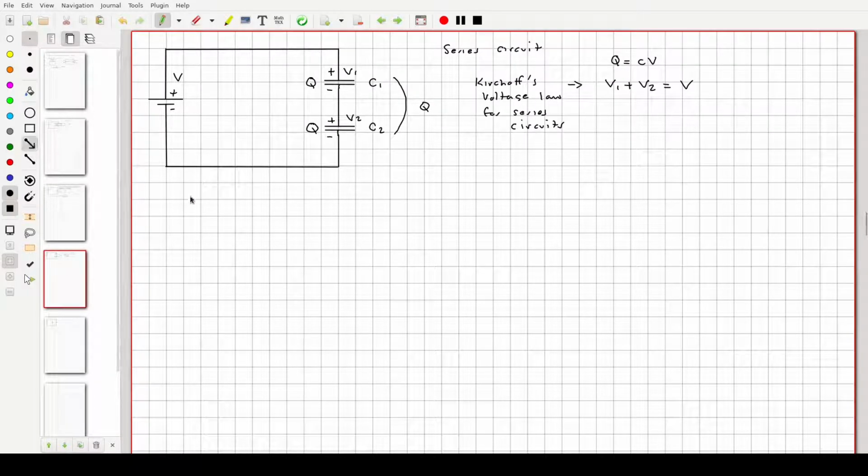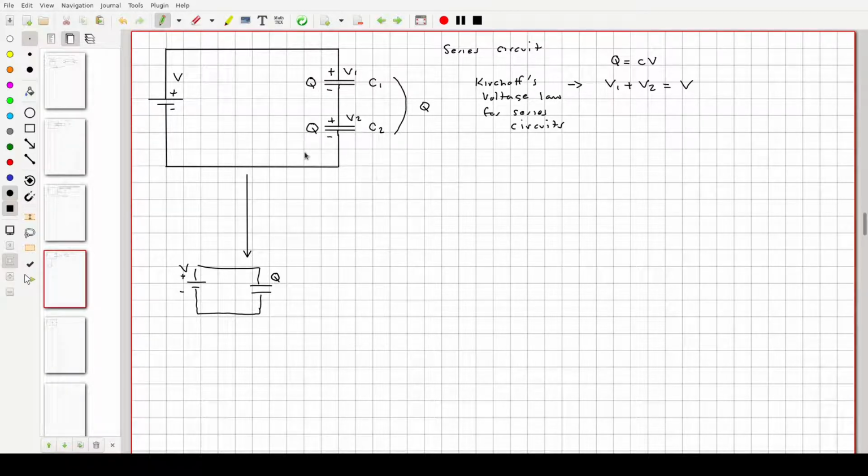So what we want to do is figure out how to combine these two capacitors together so that the circuit ends up looking something like this right here, where you have the same electrical potential, the same voltage.